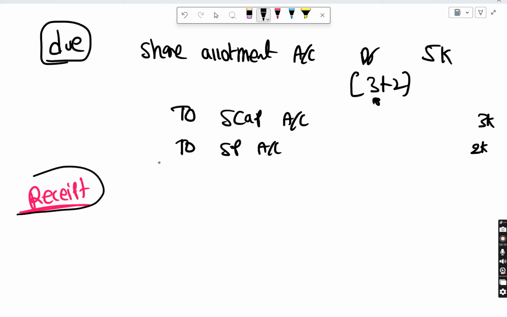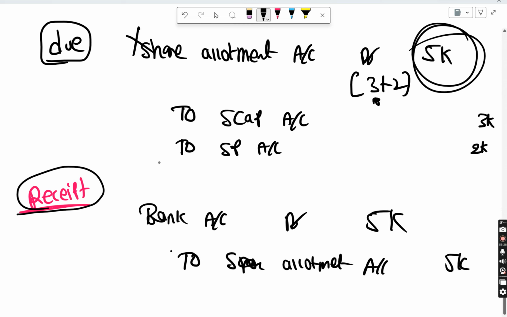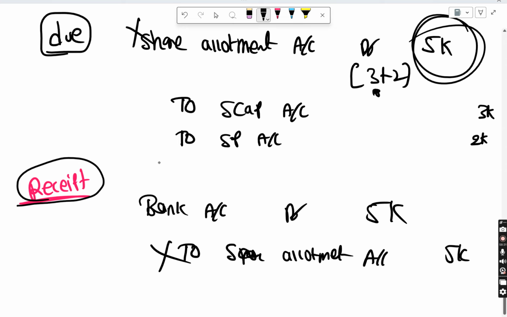Next, receipt entry, everybody paid. So bank account debit, totally how much money we need to receive? 5000. Everybody paid 5000. To share allotment account 5000. Again dummy account gets cancelled.